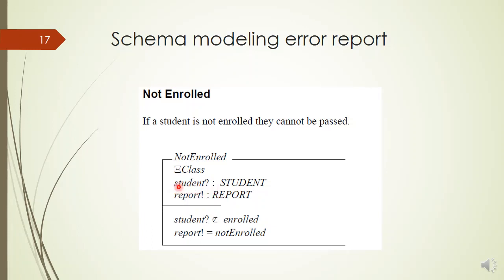The first variable is an input variable, and the second variable is a free type variable, in which we can store or pass our output. So this is the precondition: the student to be enrolled is not already enrolled, so the message not enrolled would be printed.